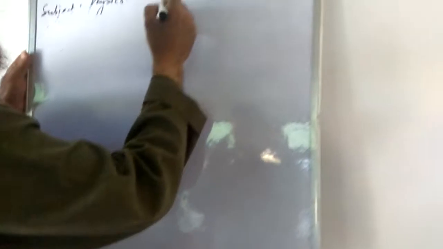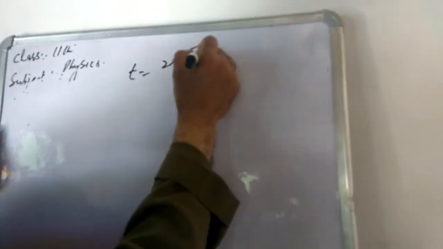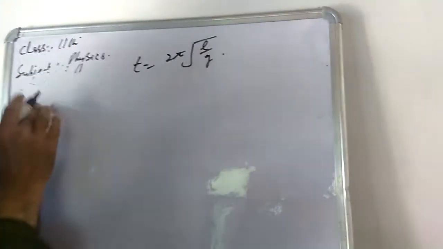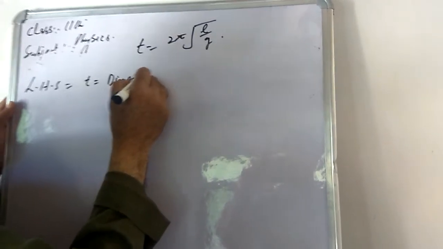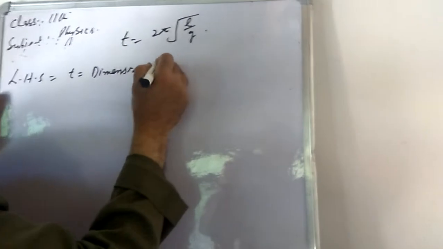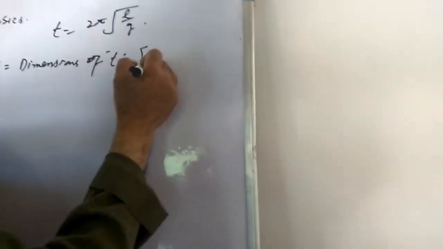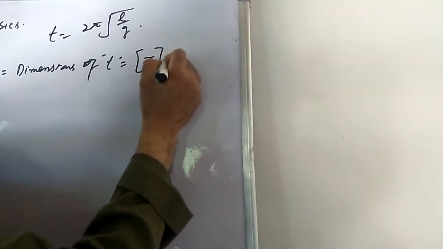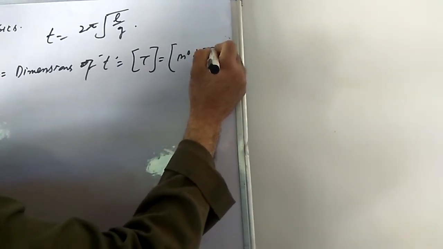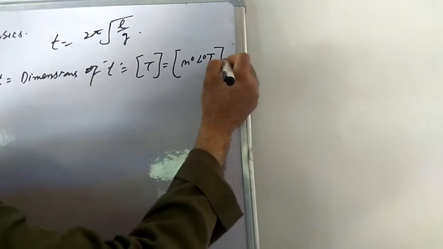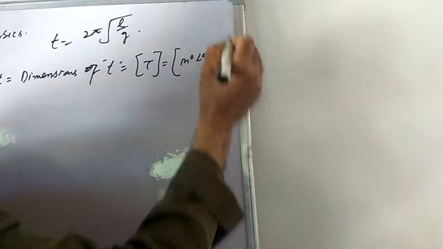I will write the equation here. T is equal to 2 pi under root of L divided by g. Look here, LHS, it is T. Let us write down the dimensions of T. That is M0 L0 T. Let us mark it as equation first.